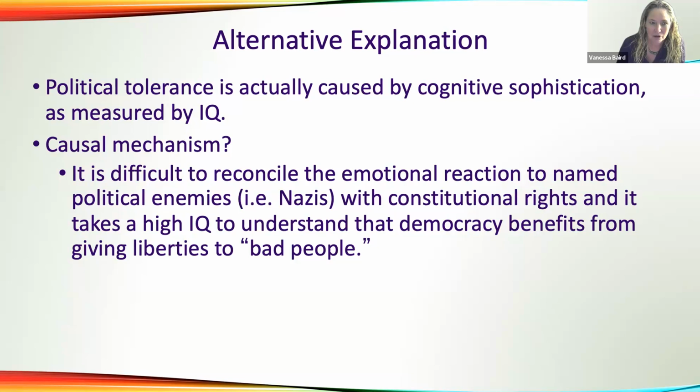All right. So what do you think about causality? Does this Z seem to be causing both? Would you say it's exogenous to education? And why would it be? Why would cognitive sophistication be exogenous to education?